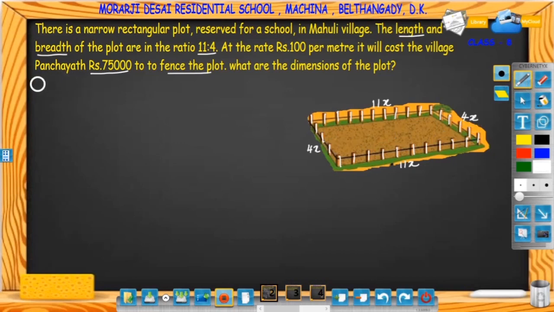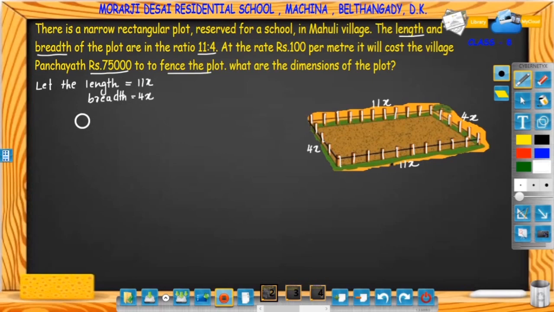So let the length of the plot be 11x. Because it is given in the ratio, we have to take the length as 11x and the breadth as 4x.